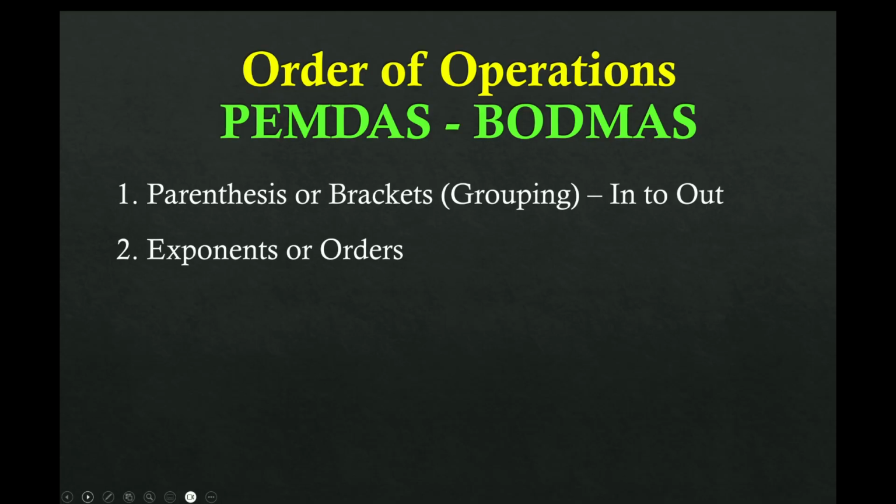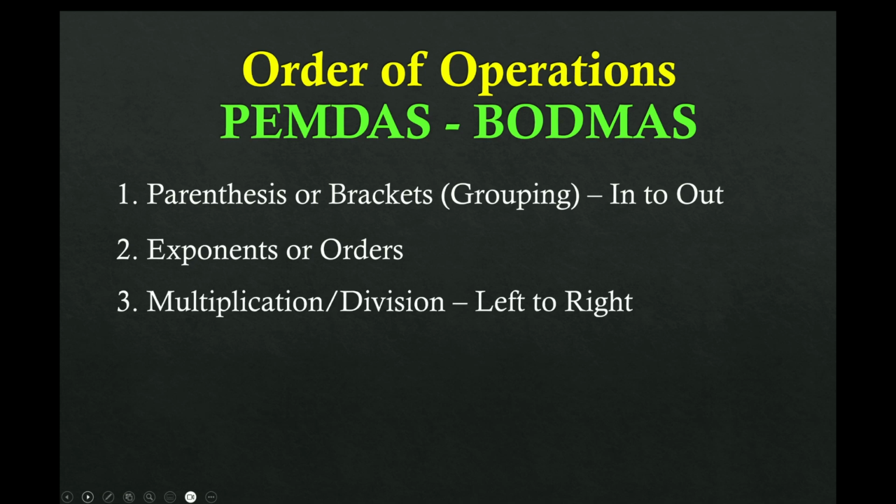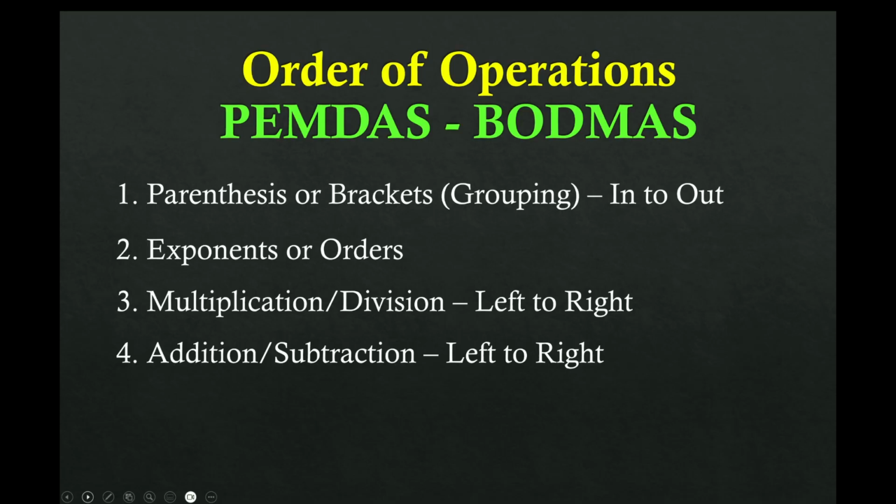Then the E or the O would be the exponents or orders or powers. Then the MD would be multiplication and division. We're going to do those left to right. And then the last, addition and subtraction, we're also going to do those left to right.